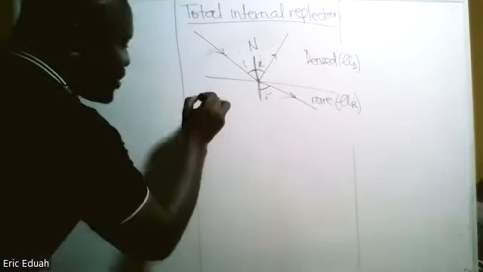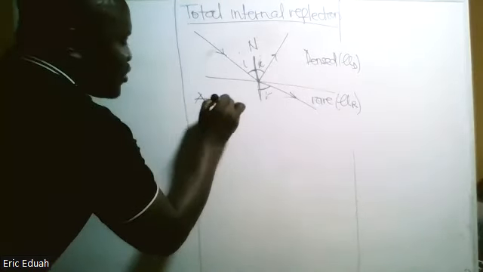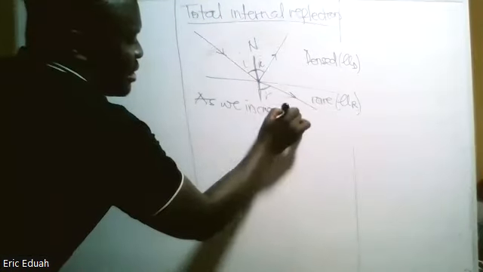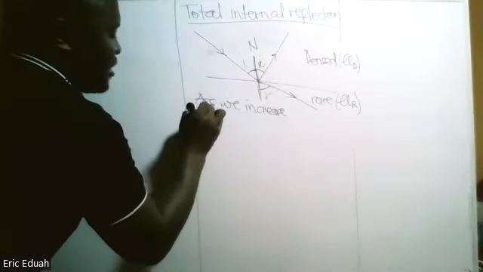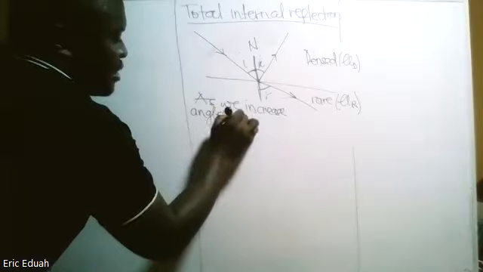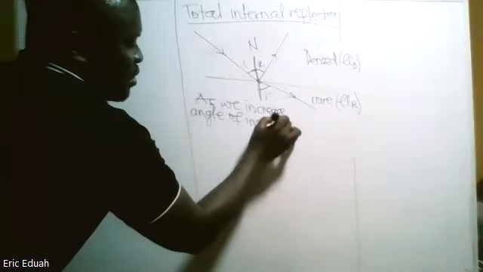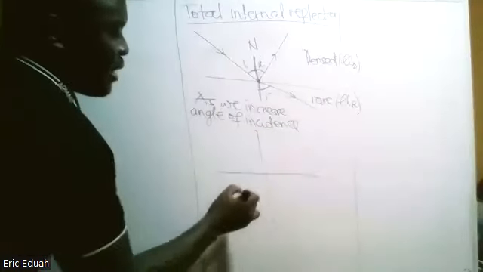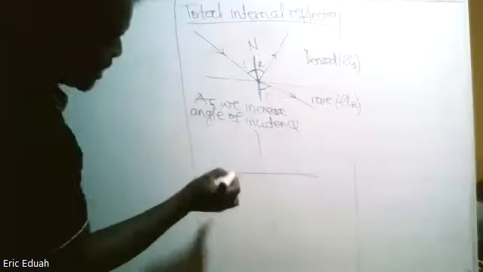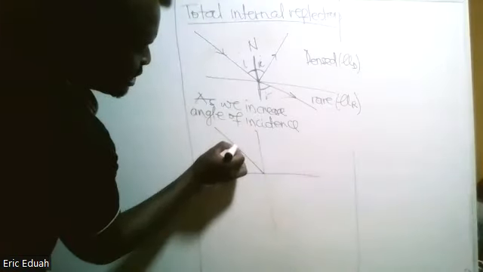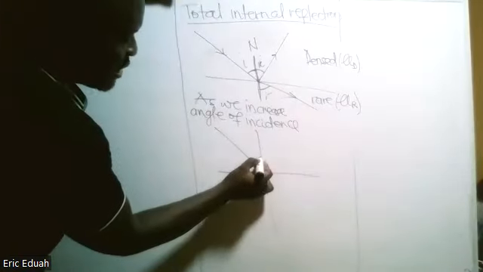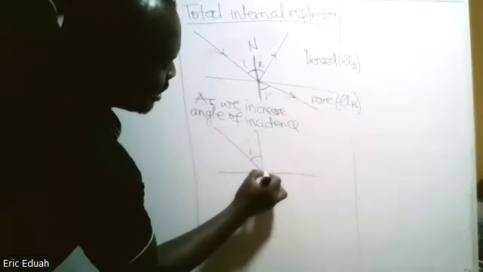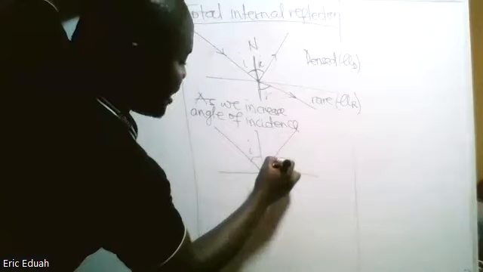Now, as we increase the angle of incidence gradually, when you draw another sketch with angle of incidence i, this time we are increasing it. This one is the refracted ray, this is the reflected ray.